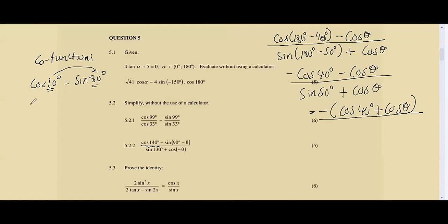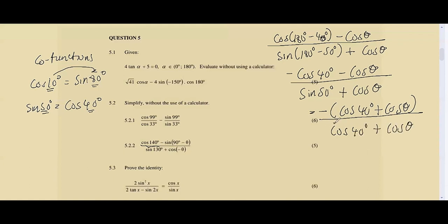So the same with this one, we have sine 50 degrees. We know that sine 50 degrees will be equivalent to cos 40 degrees. 50 and 40 are complementary angles because they add up to 90 degrees. So in other words, I can change my sine 50 here to cos 40 degrees. So this will now be cos 40 degrees plus cos theta.